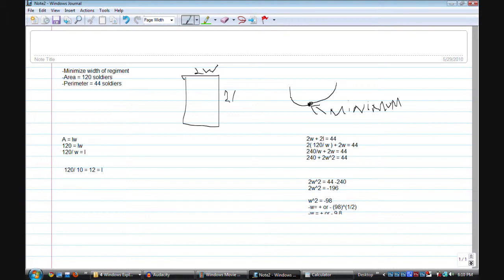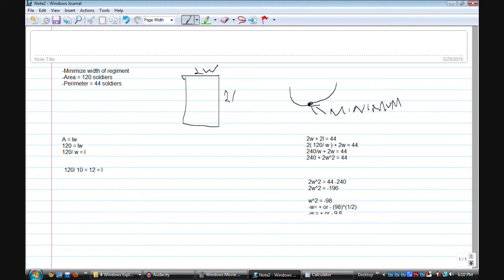So next I set up the equation based on the area, and this means that area is equal to length times width, which means 120 is equal to length times width, and I divided by W, by width, because we want to optimize the width, not the length.